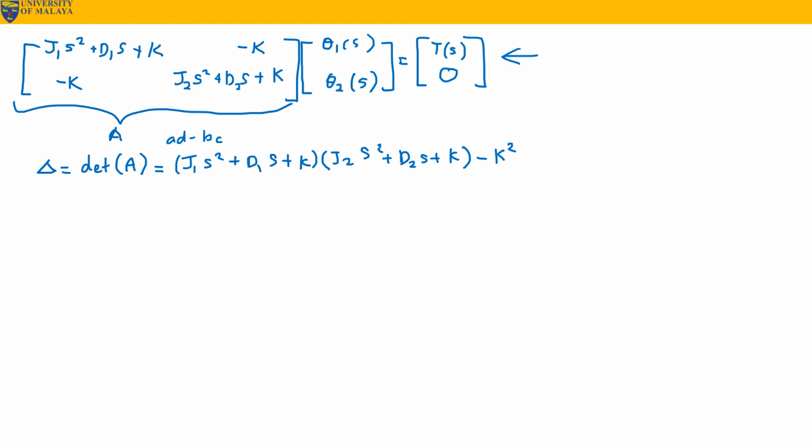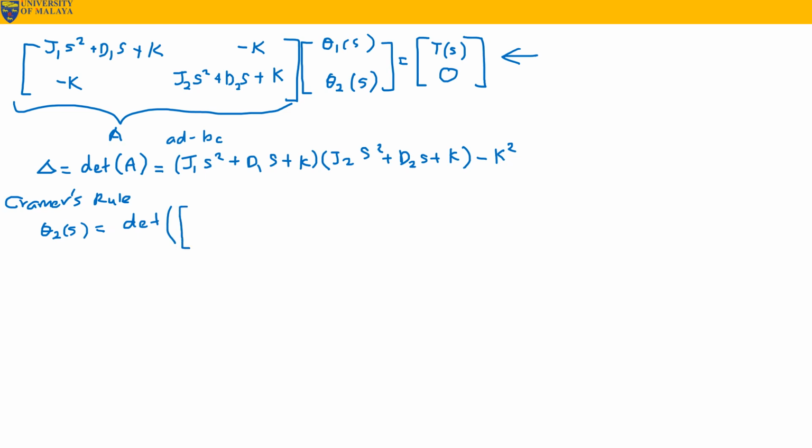In order to arrive at the final solution, we are asked to find the transfer function theta 2 with respect to T of S. So again, using Cramer's rule to solve two simultaneous equations, we write theta 2 of S as the determinant of a modified A matrix.